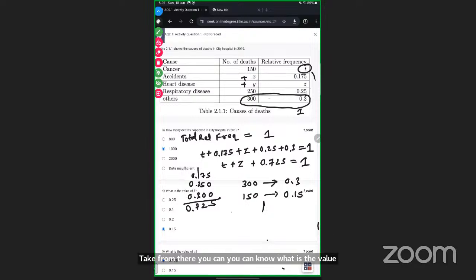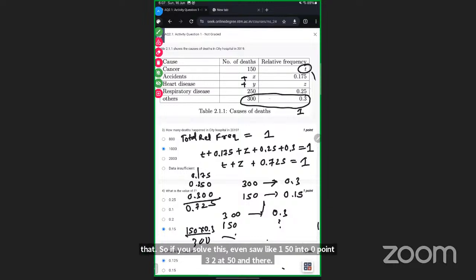Let's say 300 is 0.3. Then how much will 150 be? If you solve 150 into 0.3 divided by 300, you'll find that it is 0.150.